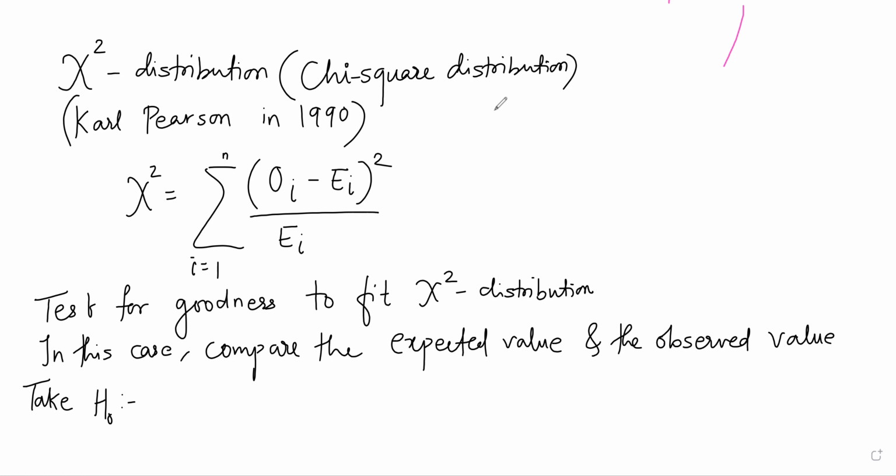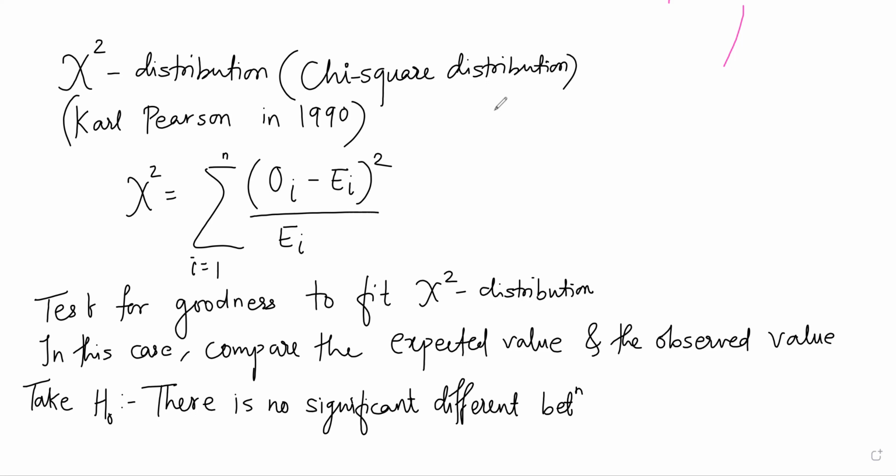H naught says that there is no significant difference between Ei and Oi, where Ei means the expected value and Oi the observed value, for i equal to 1 to n.